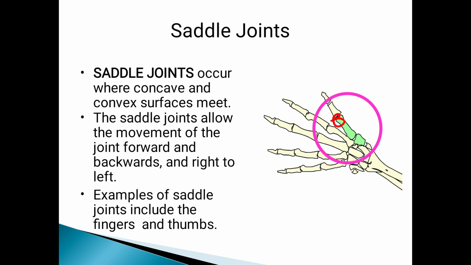These movements of saddle joint are similar to that of condyloid joint because it is also biaxial, because it allows the movement in two axes, that is flexion, extension and abduction and adduction. So the example of the joint is fingers and thumbs.